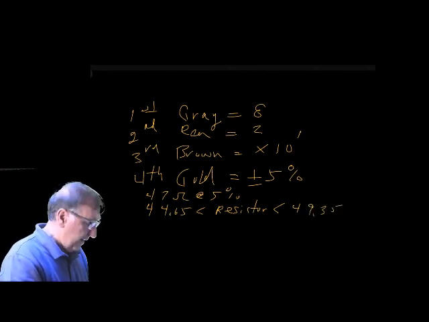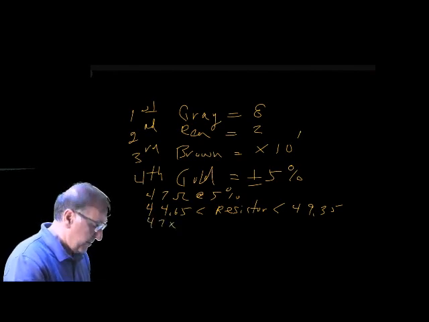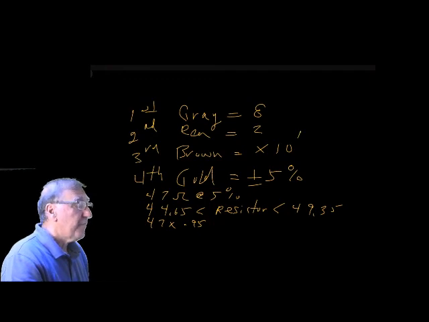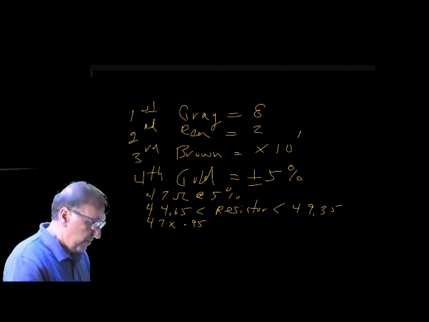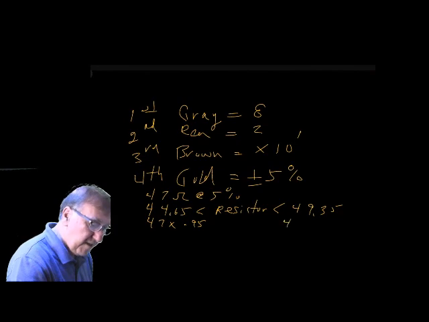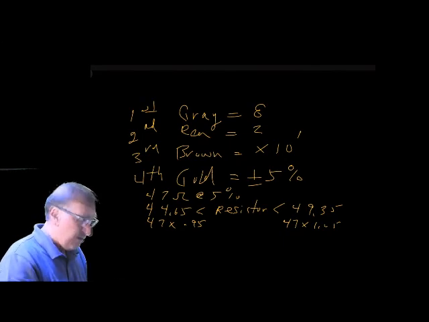In other words, you can multiply 47 times 0.95, and it would go to 44.65, or you multiply 47 times 1.05 and that will give you 49.35. So that would be the tolerance range of that resistor.